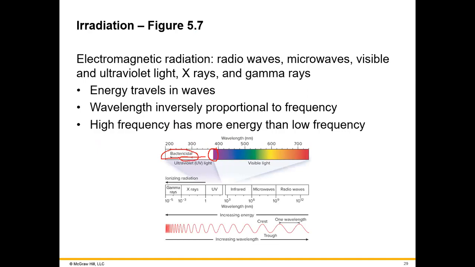Now ultraviolet can be effective to a certain degree, and I'll talk about differences between ultraviolet and other forms of radiation. Then we can go shorter and go to X-rays, and even shorter to gamma rays, which are more effective than both X-ray and ultraviolet radiation.